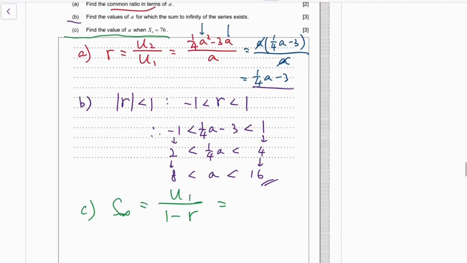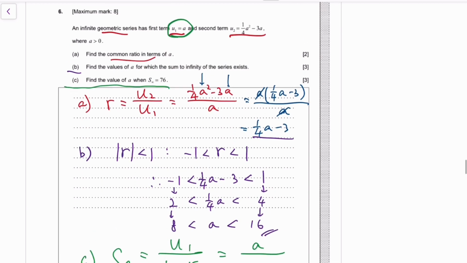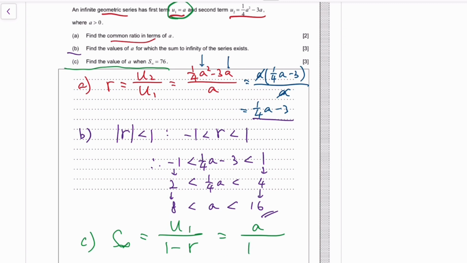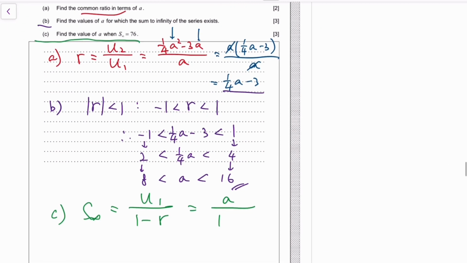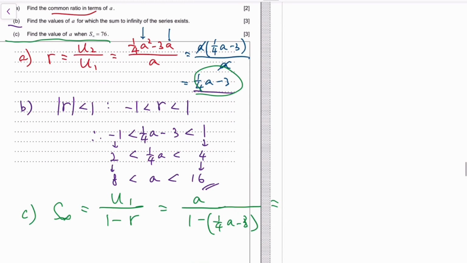It's a typo, no big deal. But apparently some schools distributed the wrong version. r is what we found before. You want this to equal 76.